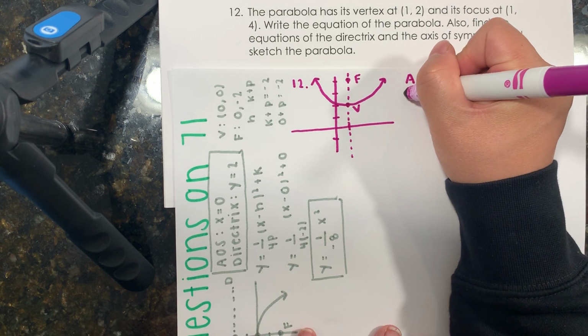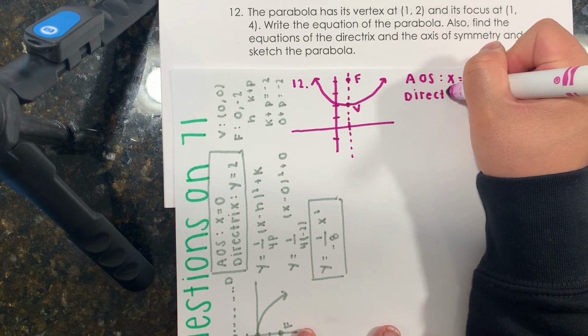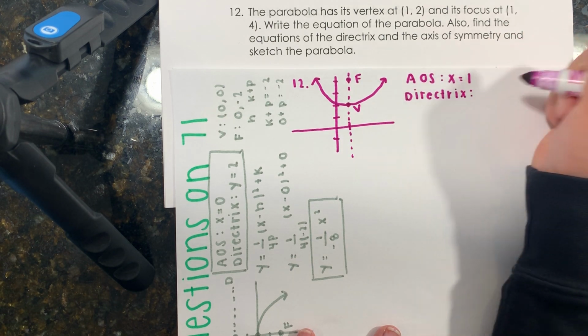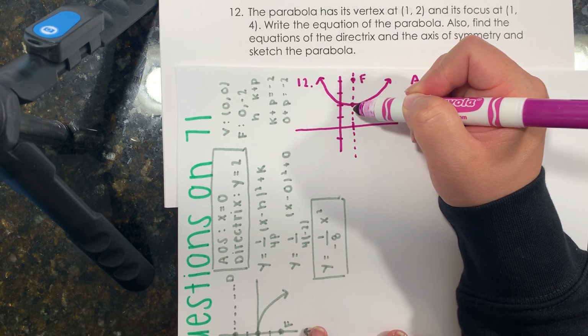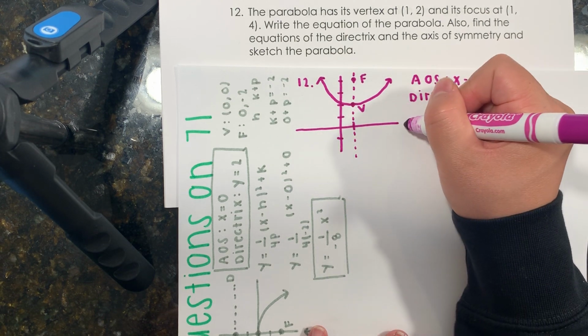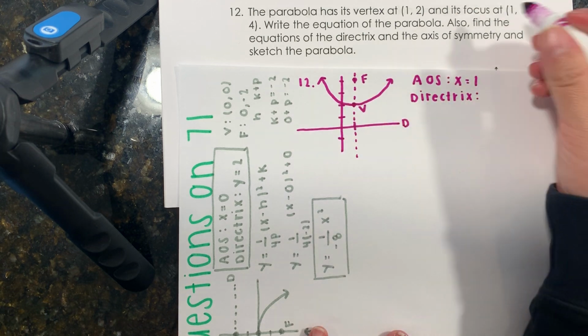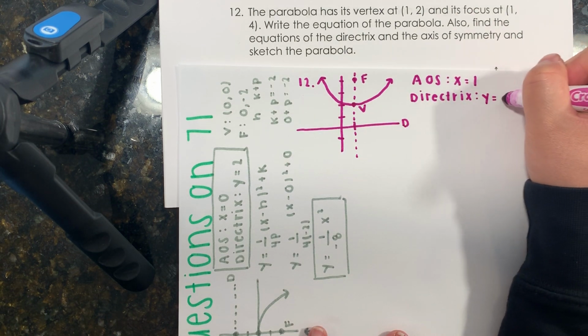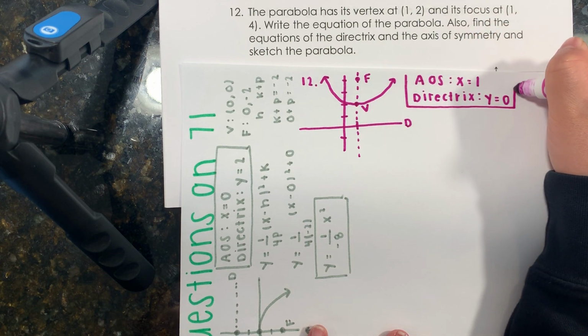Then I'm going to look for my directrix, because my directrix is just going to be the same number of spaces in the opposite direction of the focus. So it's 2 spaces to the focus, which means I'm going to go 2 spaces down, which is where y is equal to 0. So I have my axis of symmetry and I have my directrix right there.